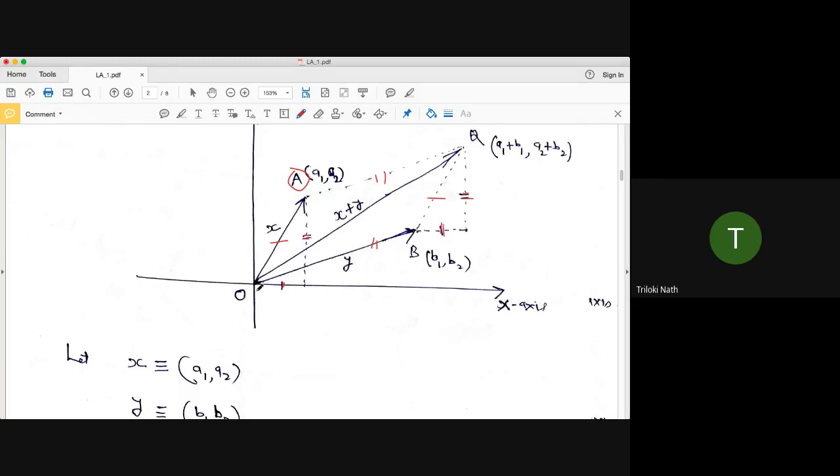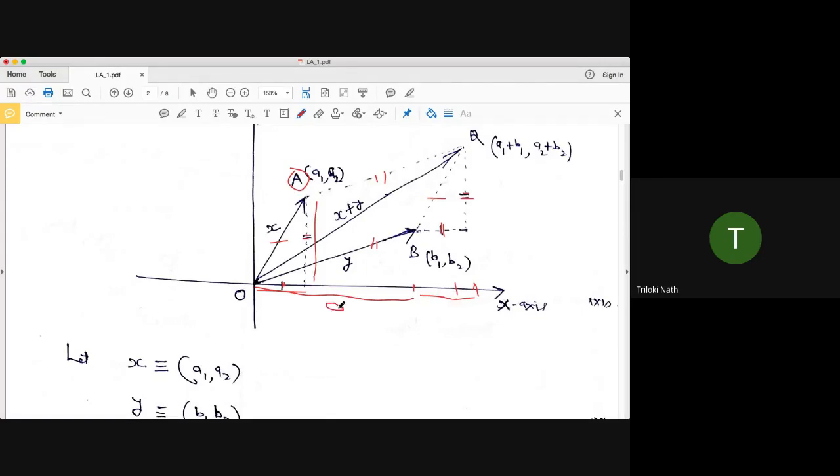Now you see, this is a1 and this is a2. Similarly, this is a1 and this is a2. Up to here it is b1, so up to b1 you are adding to a1. So the x coordinate of Q means the total length up to here plus this length.